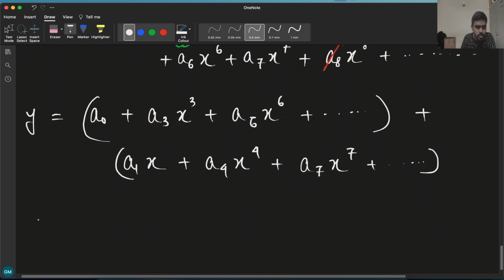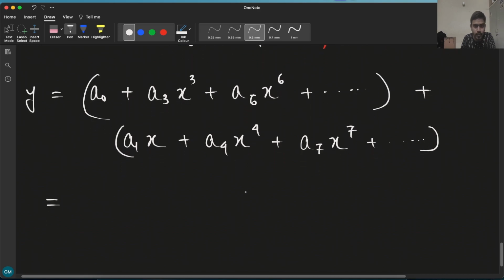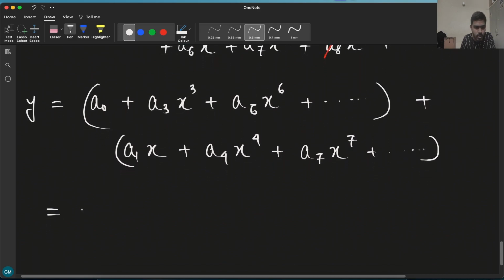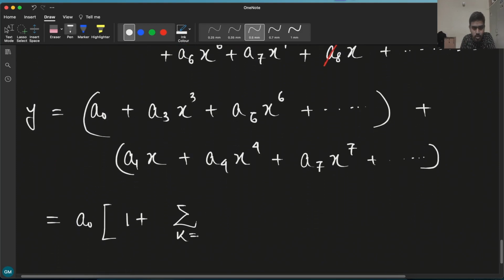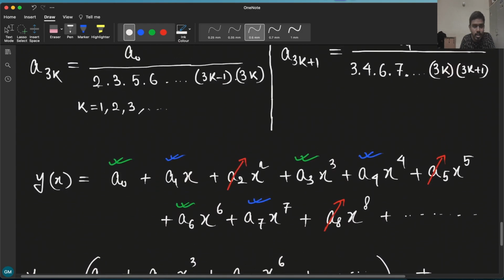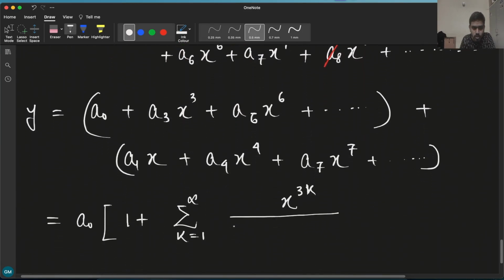So this will be the solution, or it can also be written as, if I take a0 common, then it will be 1 plus the sum from k equals 1 to infinity of x to the power 3k, divided by the 3kth term, which is 2 times 3 times 5 times 6 times dot dot dot times 3k minus 1 times 3k.